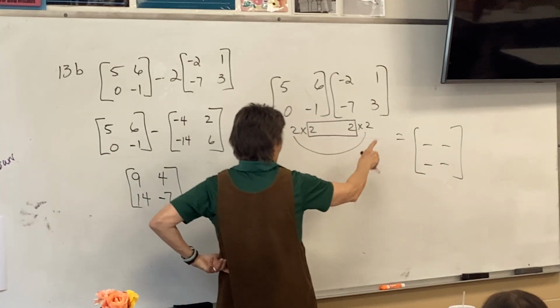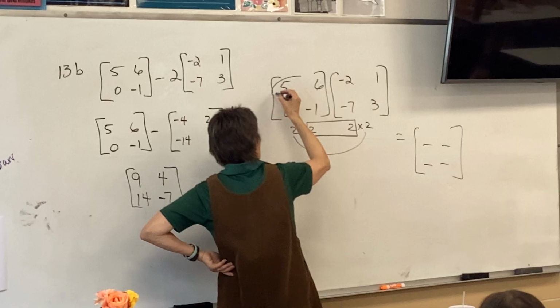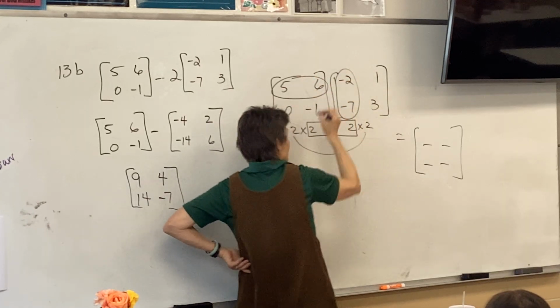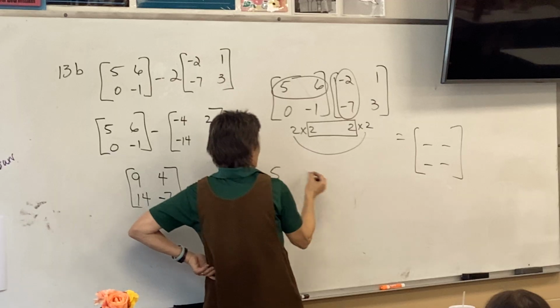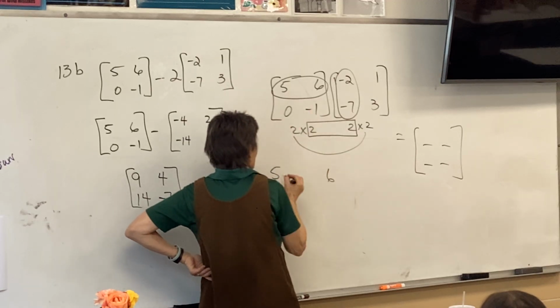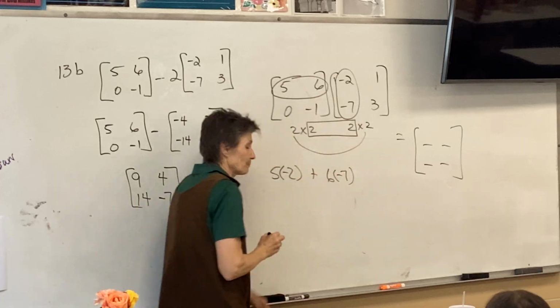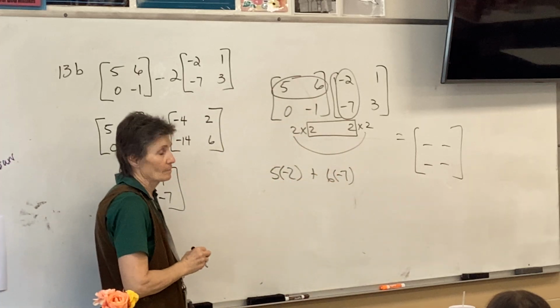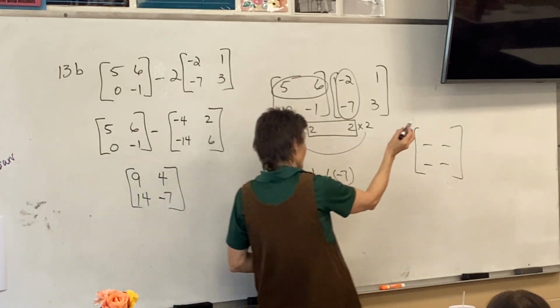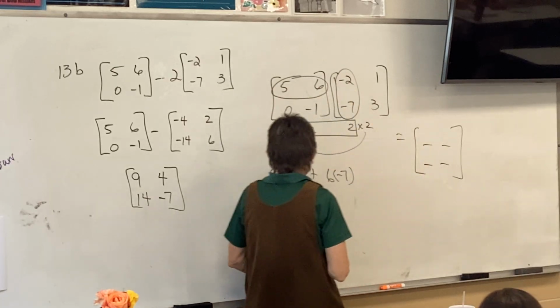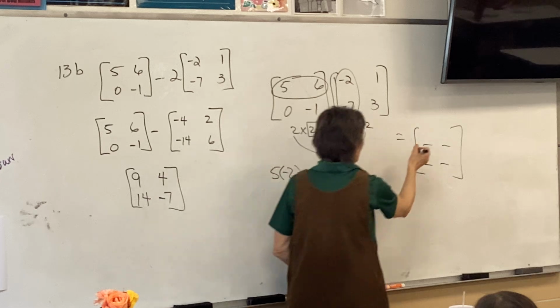So to fill all those boxes, we have to take these rows times these columns. So 5 and 6 times negative 2 and negative 7. And that's the number that's going to go right here because that's row 1, column 1. So what is that, negative 52?